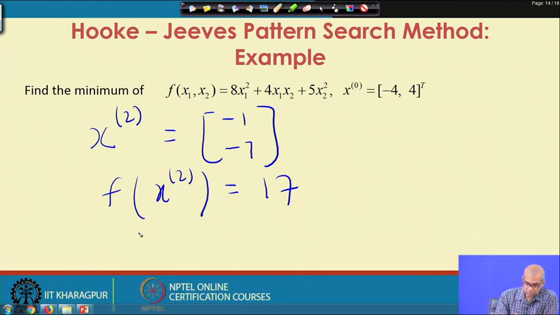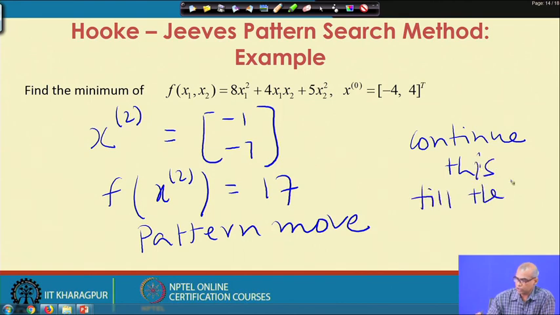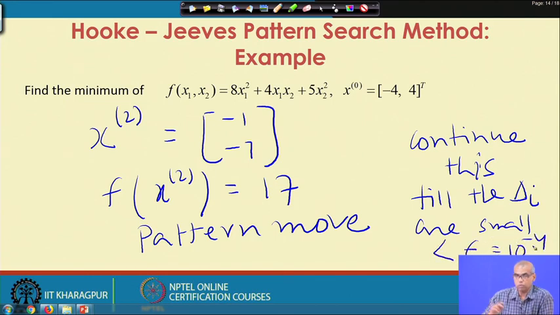So, we will do the pattern move again. We will take this new base point, -1, -1, and do the pattern move, and we will continue this till the increments are small, here less than epsilon value equal to 10 to the power -4.